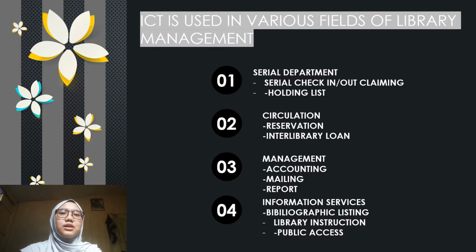Under management, there are accounting, mailing, and report, which is the activity or daily updates from the library to the users and others. And last is information services. There are bibliographic listing, library instruction, and also public access to others.